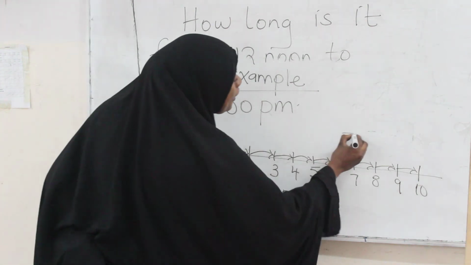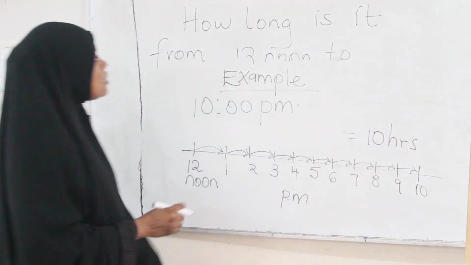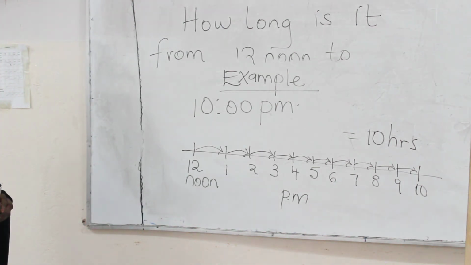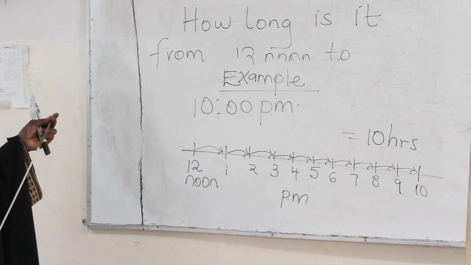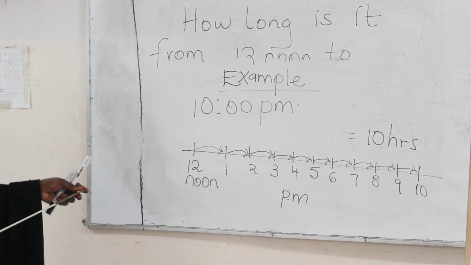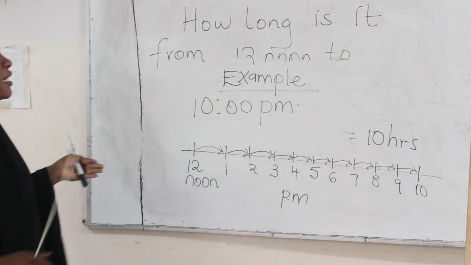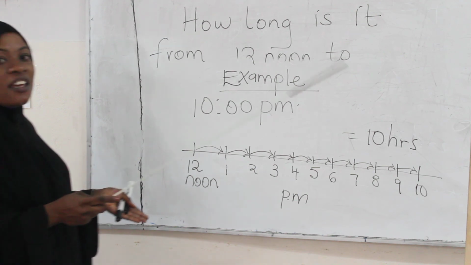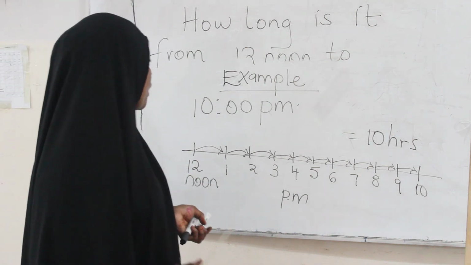Those will be 10 hours. From 12 noon to 10 p.m. there are 10 hours. So in today's lesson we have learned that from noon to any specific time, we start from noon to the given time.